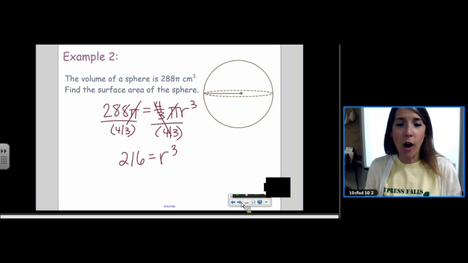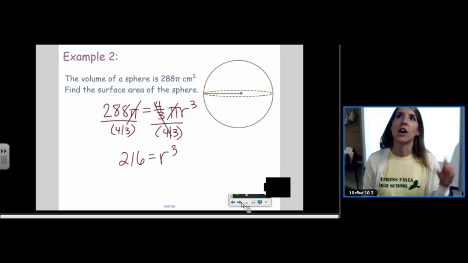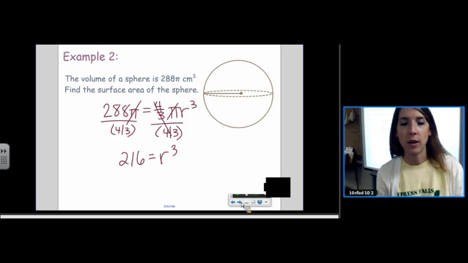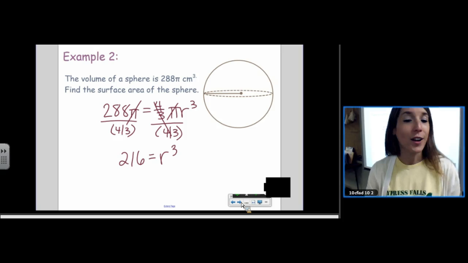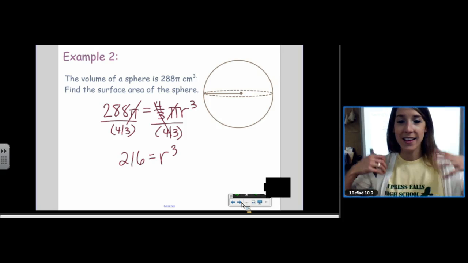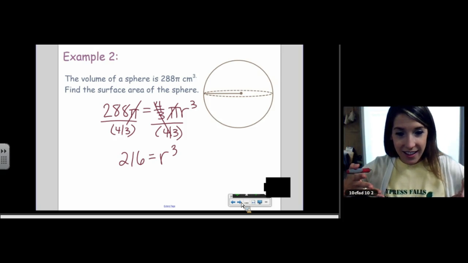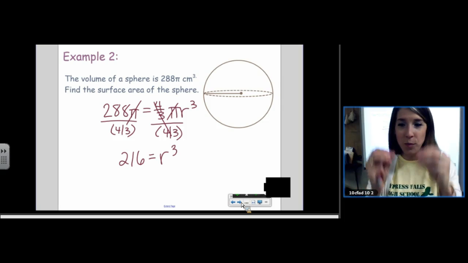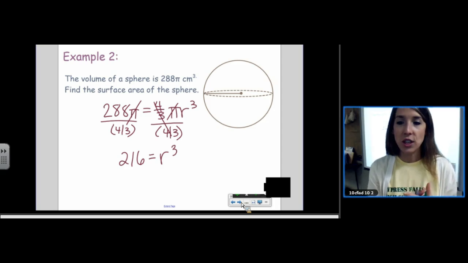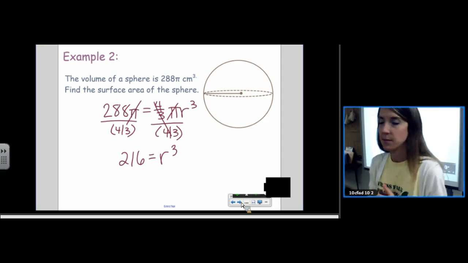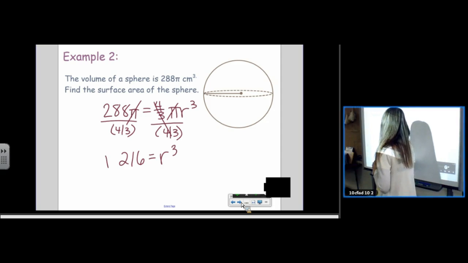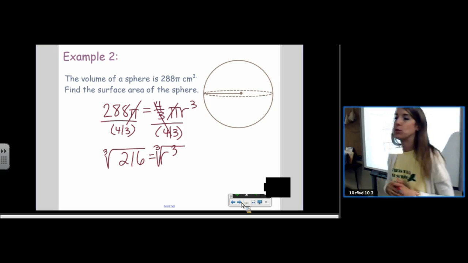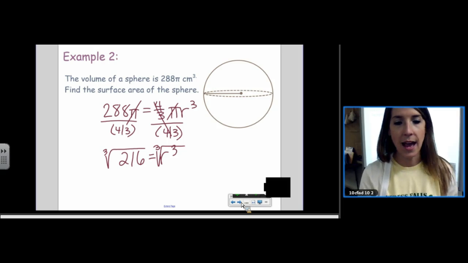How do you undo r cubed? Okay, if it's r squared, you undo it by square rooting. If it's r cubed, you undo it by cube rooting. You have to cube root both sides. It's kind of like square root, but it's with a power of 3.